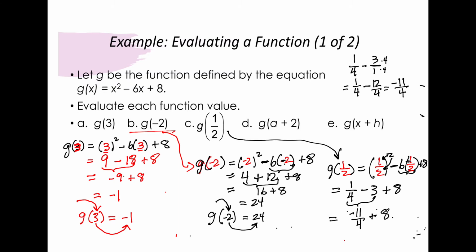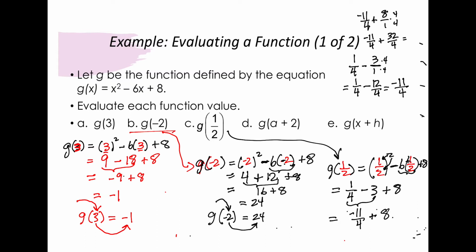So we have to do a similar thing here. I've got negative 11 fourths adding 8. Well, to get a common denominator again, I have to multiply the top and the bottom by 4. A lot of your calculators will do this work for you. But 8 times 4 is 32 over 4. Negative 11 plus 32, well, that's like subtracting 11 from that.